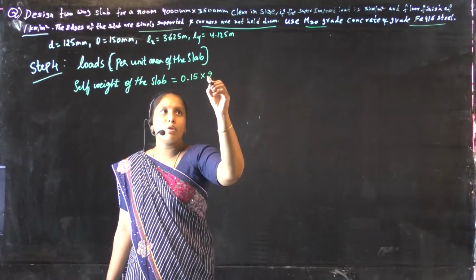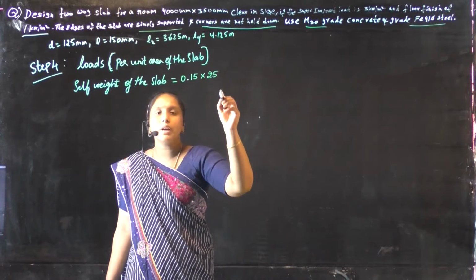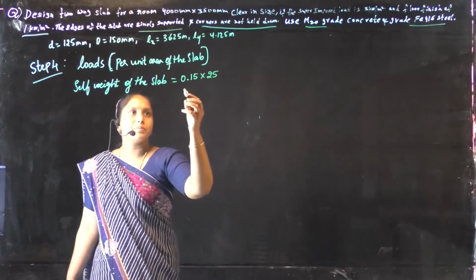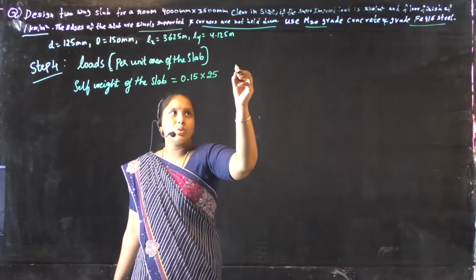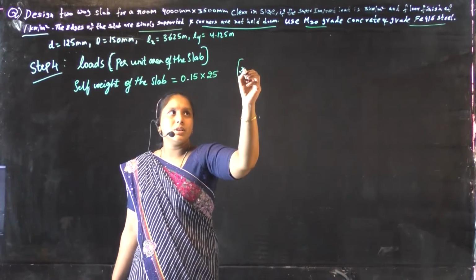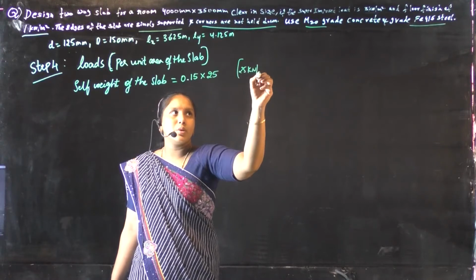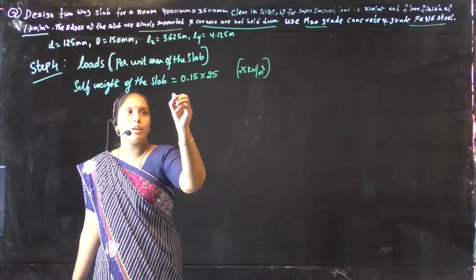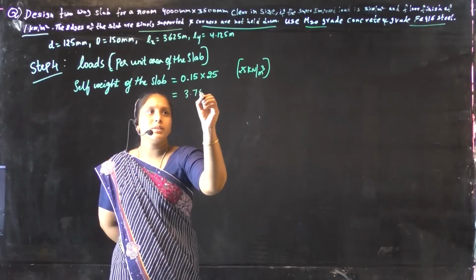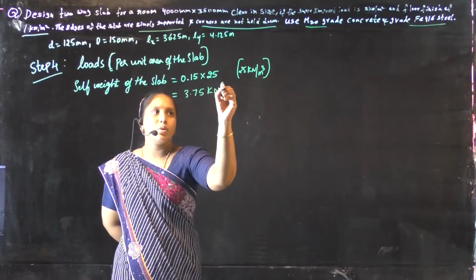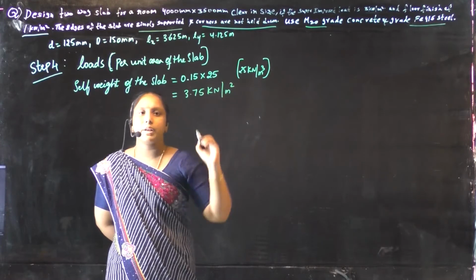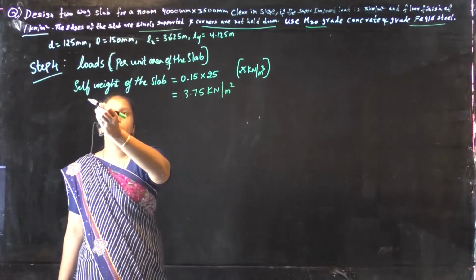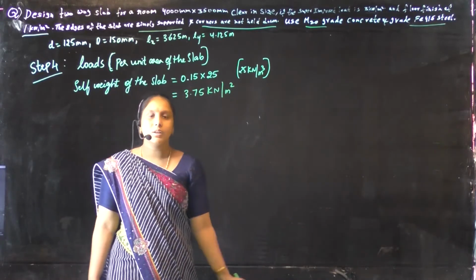So what is the unit weight of RCC? It is 25 kilonewton per meter cube. So this is the unit weight of RCC, which is 25 kilonewton per meter cube. So which will give you a value of 3.75 kilonewton per meter square. This is going to be our self weight of the slab.